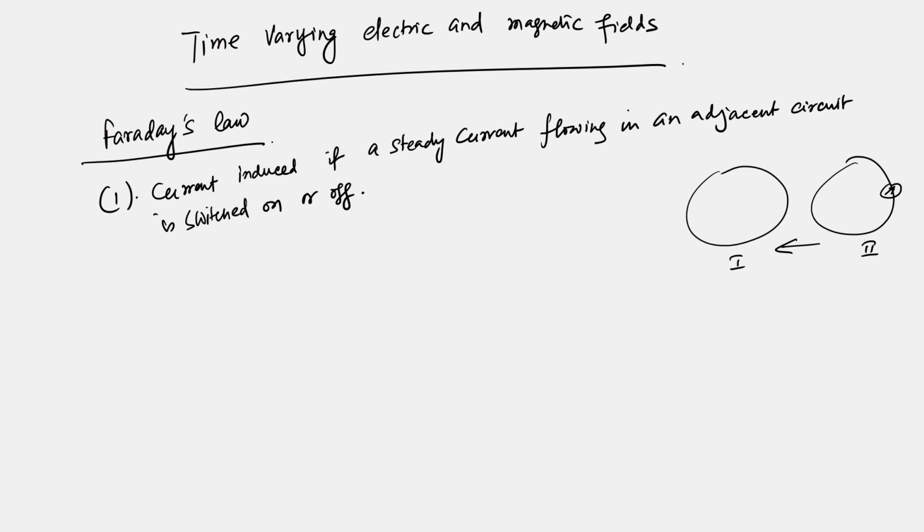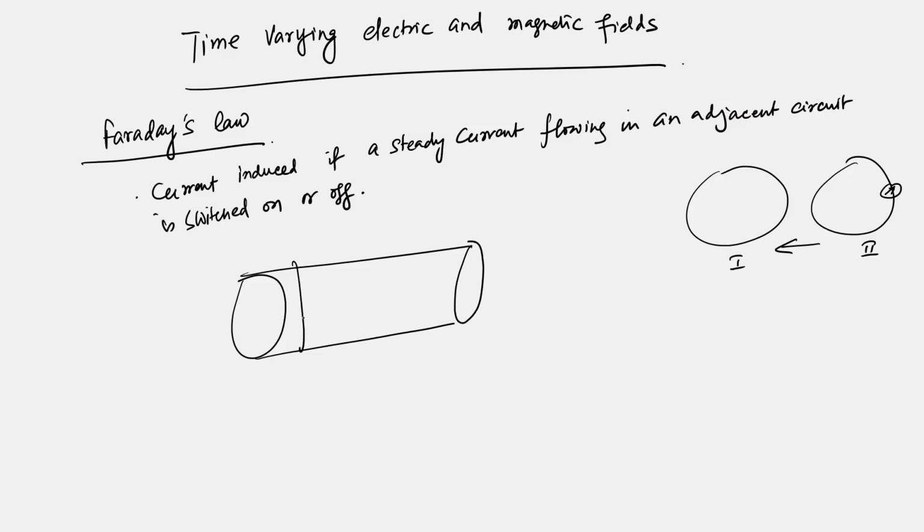Okay. So these are different situations that I am talking about. For example, the most common example: there is a solenoid, and a solenoid, as we have said, is this kind of cylinder where there are several turns of wire.